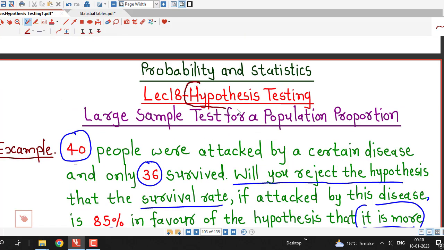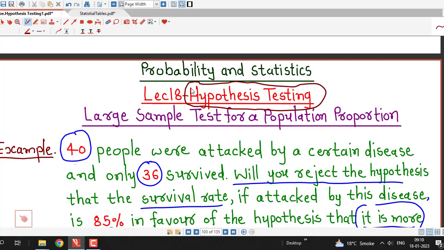The main procedure remains the same: we start with stating the null and alternative hypothesis, then we check the level of significance, then we write down the formula for the test statistic and calculate its value. After that, depending upon the distribution of the test statistic, we decide the critical values, and then we compare the calculated value of the test statistic with the critical values, and check whether we are in the rejection region or non-rejection region.